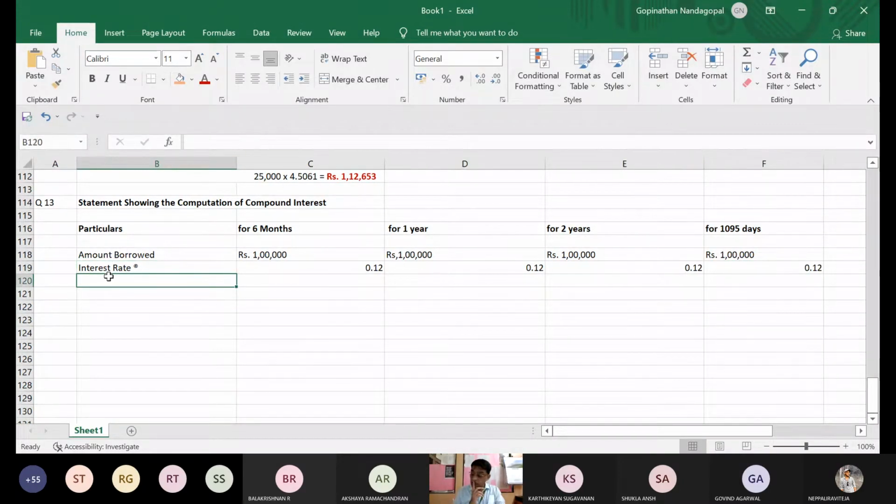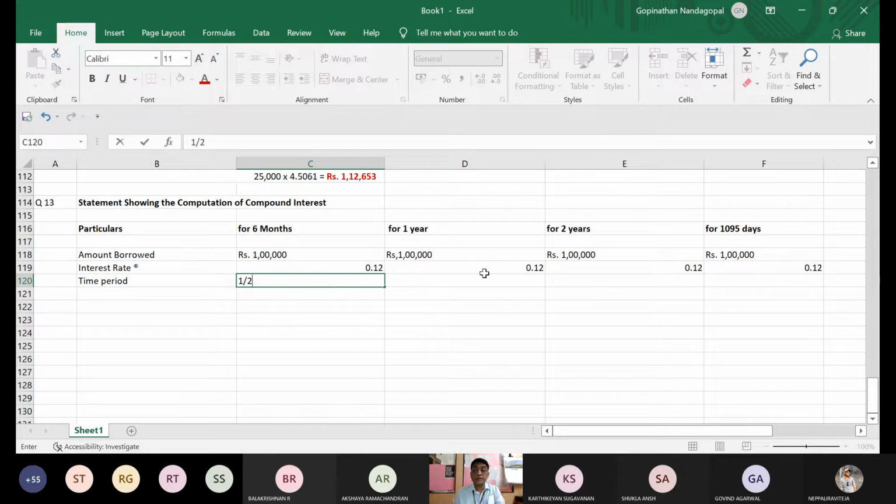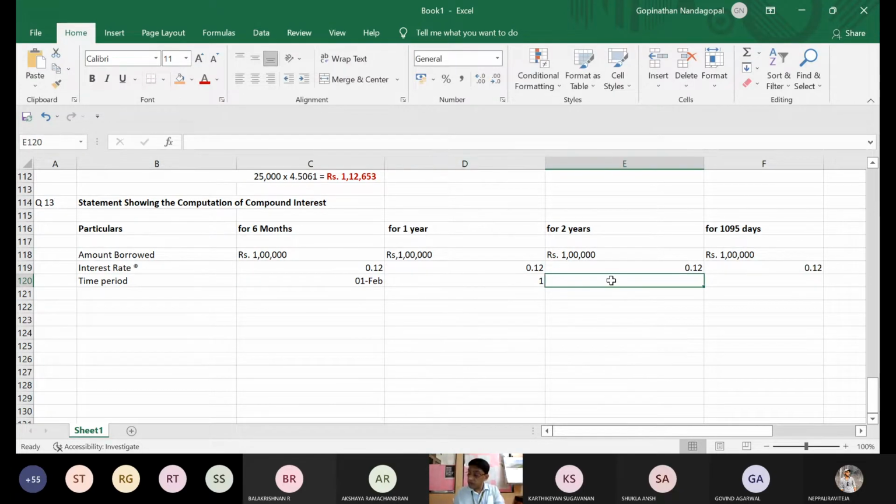Next, time period. So I can say time period of 1, 2, and we said 195 days.